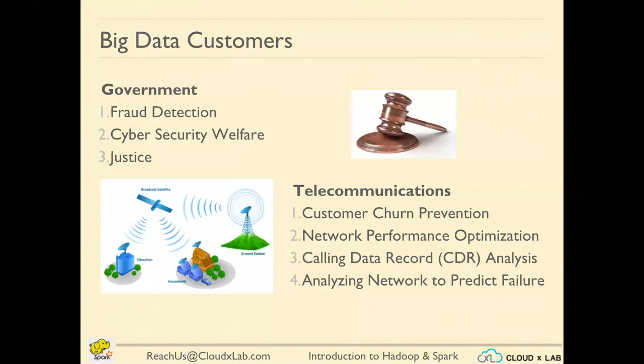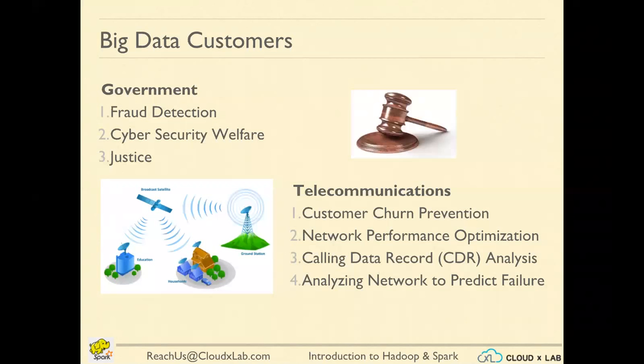Analyzing network to predict failure. So this is one of the problems that came around a week ago. Somebody actually wrote to us asking, can we help them predict the network failure? And it's a combination of machine learning and big data problem. So what companies generally do is they monitor their towers, they monitor their infrastructure at a very large scale, and keep a note of whenever there's a failure reported.